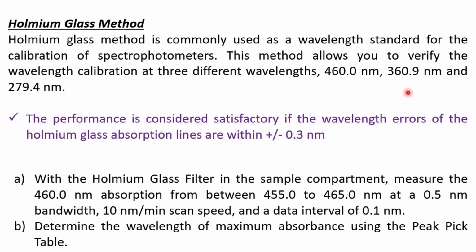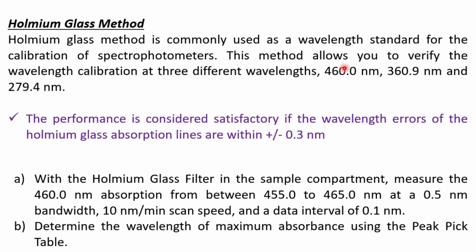Now, in UV-Vis spectroscopy, there's also the calibration. Sometimes you calibrate your instrument over time to increase its ability to reproduce accurate results. So we have the chromium glass method. This chromium glass method is commonly used as a wavelength standard for the calibration of spectrophotometers.